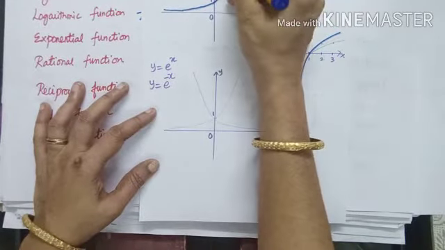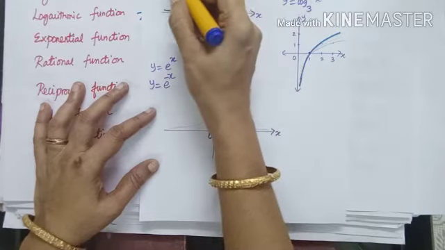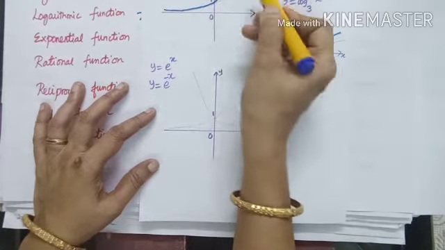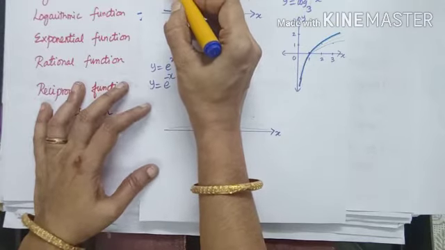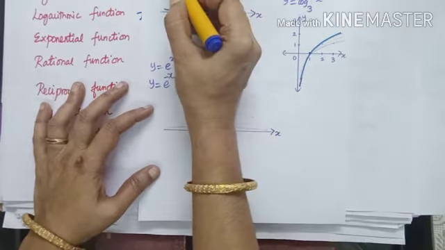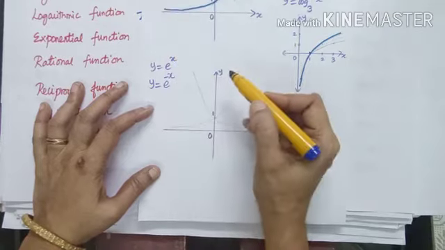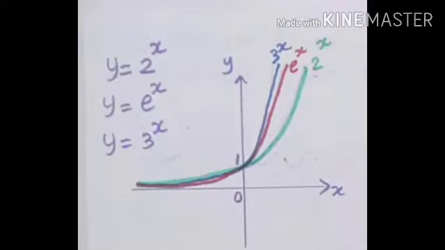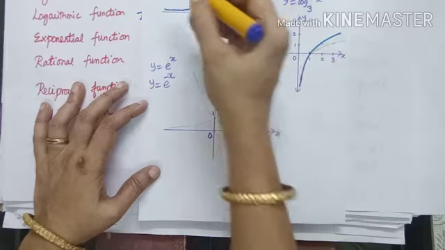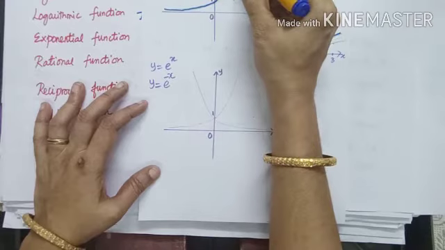So this is 3 power x. E is a number between 2 and 3. You should have studied in lower class, but hereafter we will come across this often. So E is a special irrational number between 2 and 3. E will come in between here.